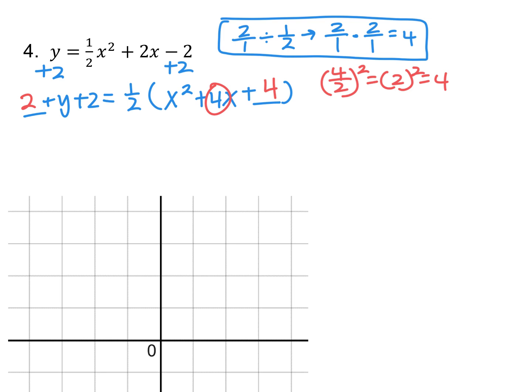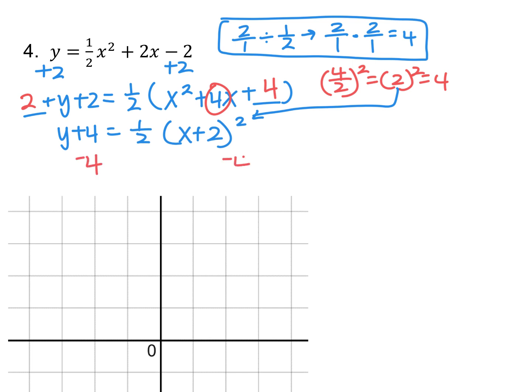So then I have y plus 2 equals 1/2 x plus 2 from over here. And then I subtract 2. So I have y equals 1/2 x plus 2 squared minus 4.